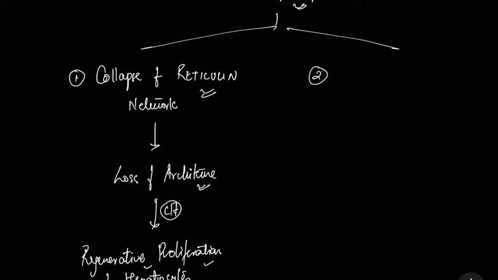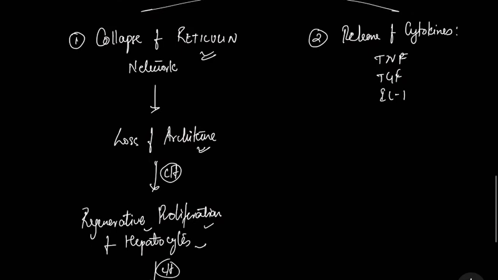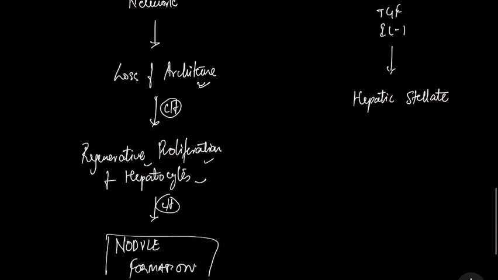Coming to the second heading, what happens is that due to the inflammation, there was release of certain cytokines. These were your TNF, TGF, and your interleukin 1. And this acts on your hepatic stellate cells, and because of this, there is transformation. They transform into your myofibroblast-like cells.